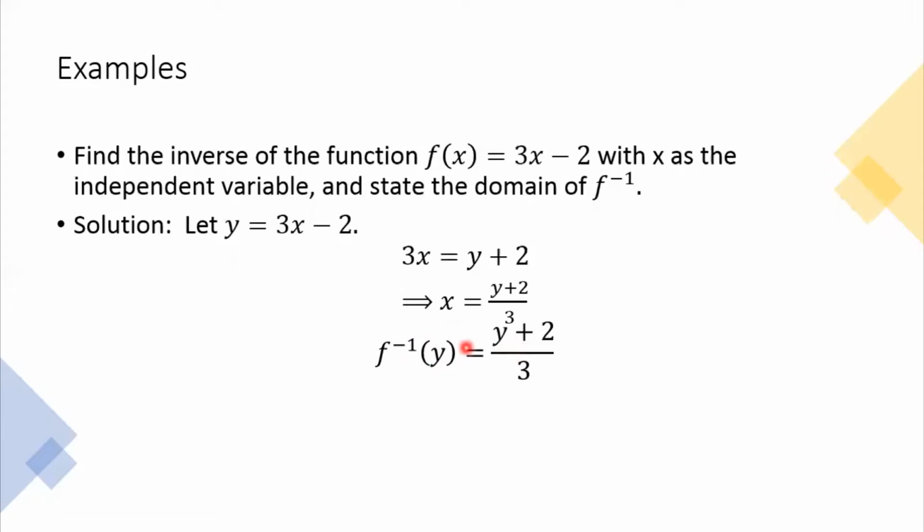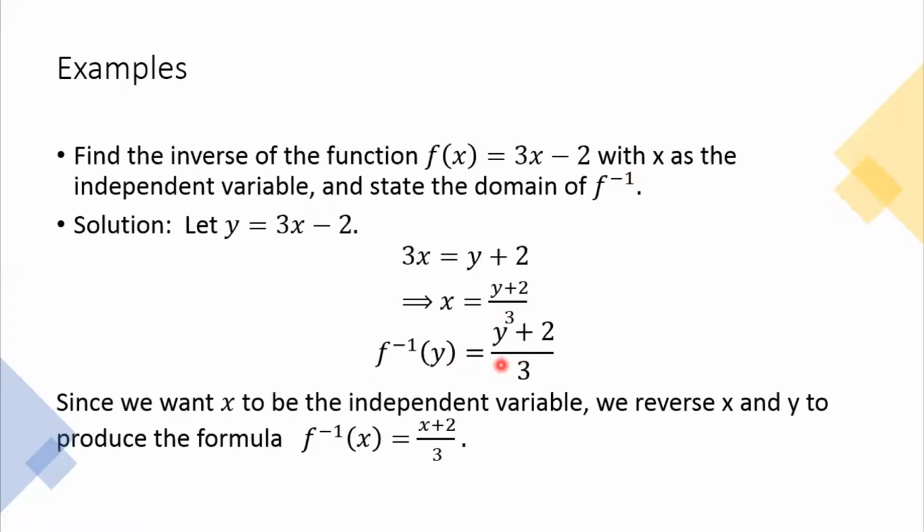This is now our f inverse of y because the independent variable here is y. But we want to have x as the independent variable. So what are we going to do? Since we want x to be the independent variable, we reverse x and y to produce the formula. So we interchange y with x and x with y.